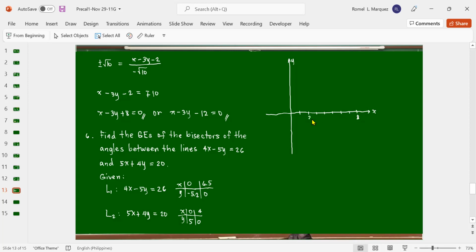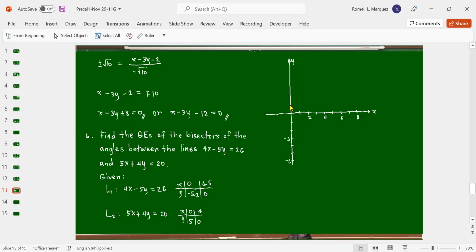Negative 1, negative 2, negative 3, negative 4, negative 5, negative 6.